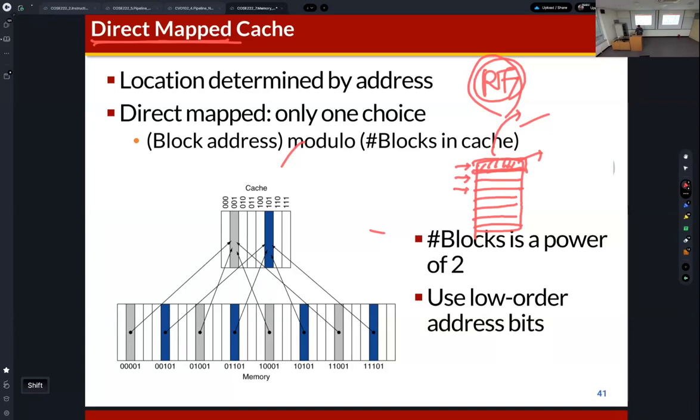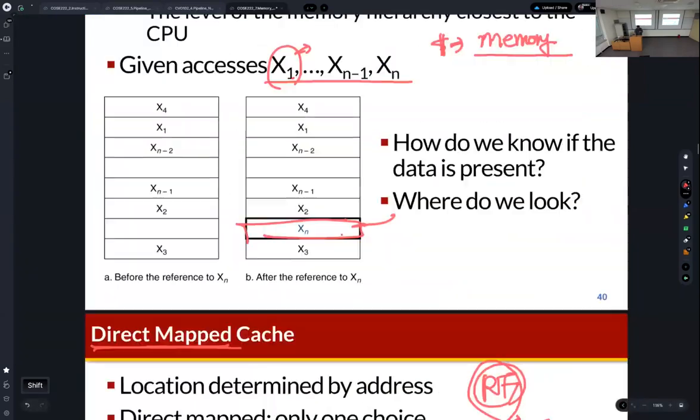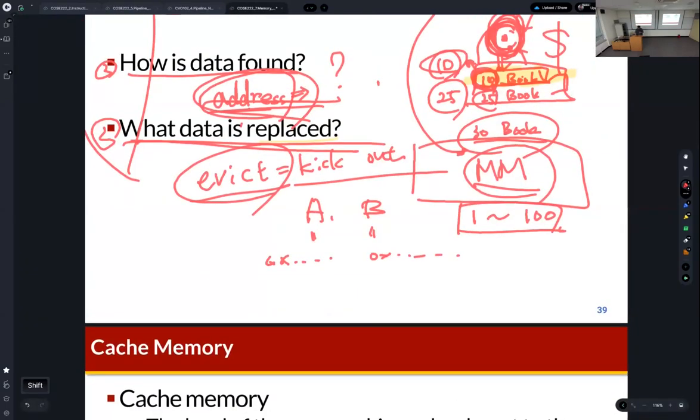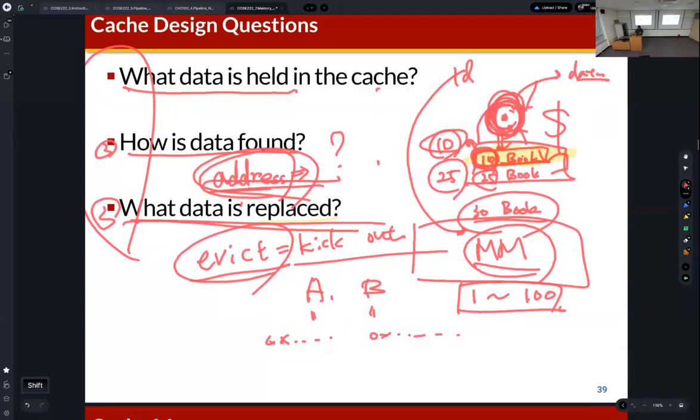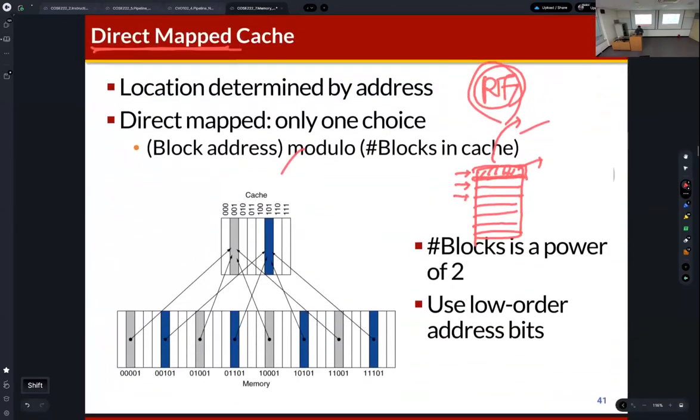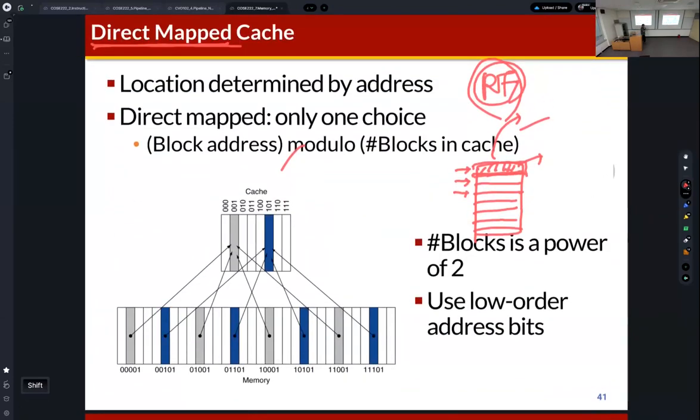So when I explain how the data is found in the slide, I mentioned that we also need to store the address, right? So address.